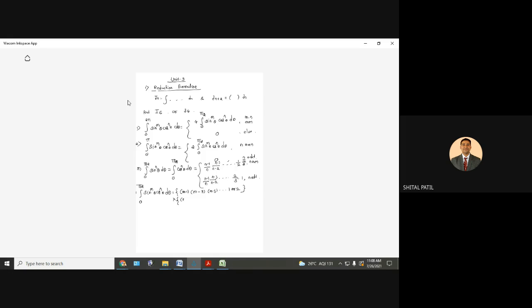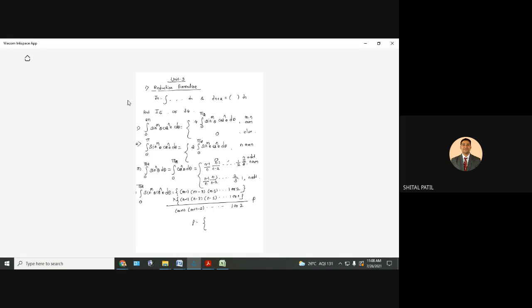Now same procedure for n. Subtract 1, then go on subtracting 2, n minus 3, n minus 5, and so on until we get 1 or 2, divided by m plus n, then subtract 2, m plus n minus 2, and so on until we get 1 or 2, into p.